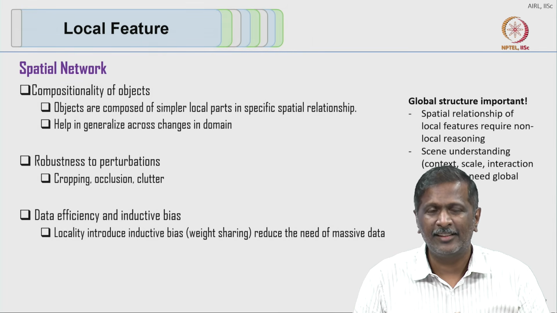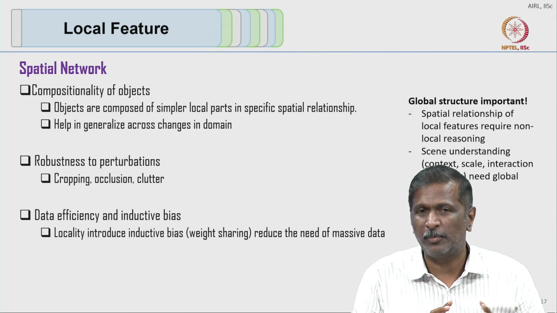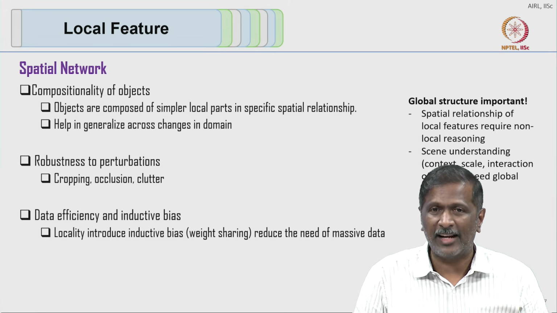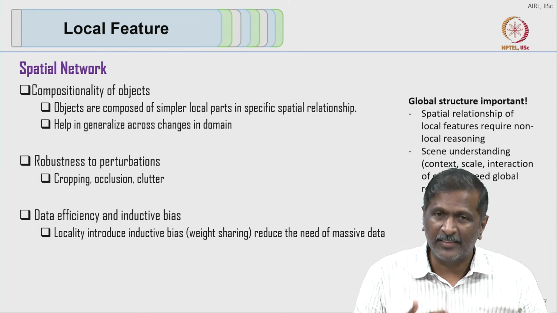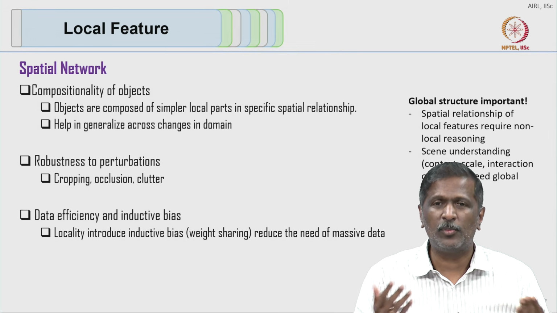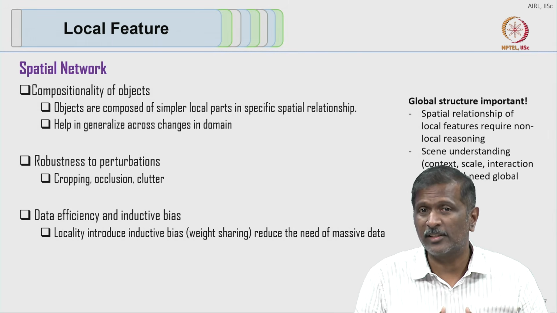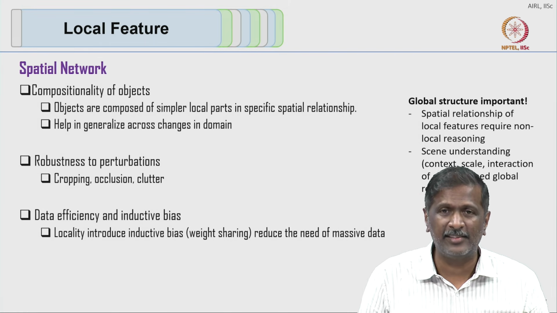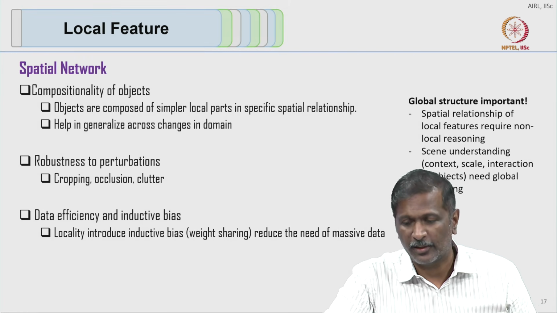It is a different context. It is present in different scenes at different scales. You need to understand the scene by understanding the other objects present. That needs global reasoning. That's very important.